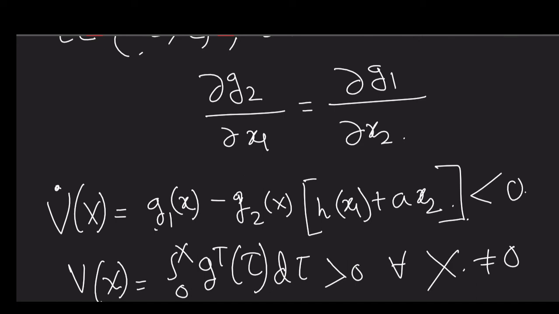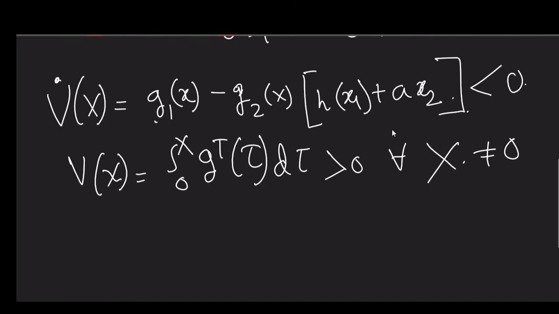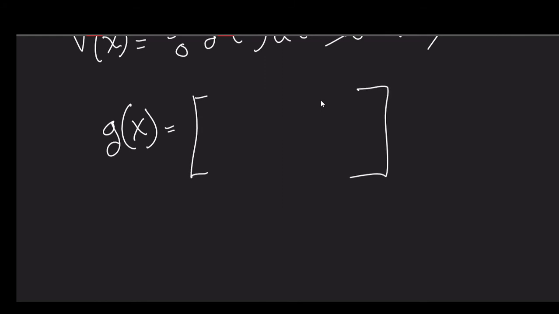Now here let us write the generic representation of g(x). As g(x) emerges as the gradient of your scalar function, you must have the idea of gradient in your mind.